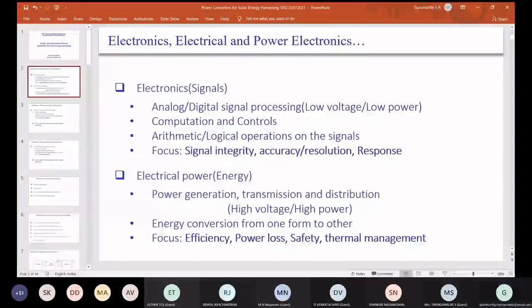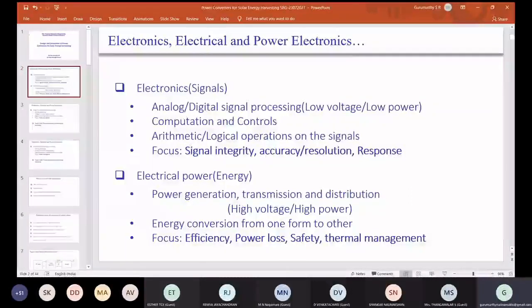These are the ways we look at the circuit in electronics engineering. Electrical power basically deals with power generation, transmission, distribution. Mostly it is all high voltage and very high power. So what we do in power means we are dealing with energy. In electronics, we deal with signals. This is the basic difference. So when we are dealing with energy, we have to look at the efficiency, power loss.